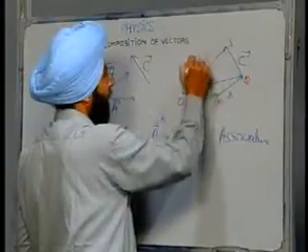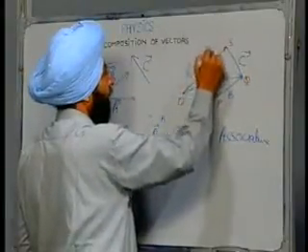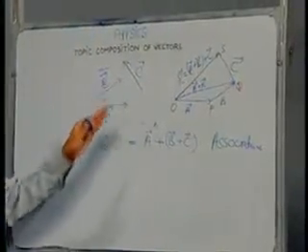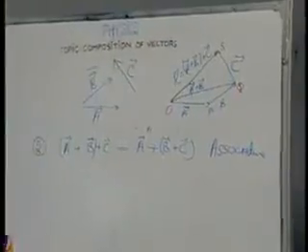First we add A to B and then we add C to the resultant of the two. So, OS is equal to A plus B plus C.